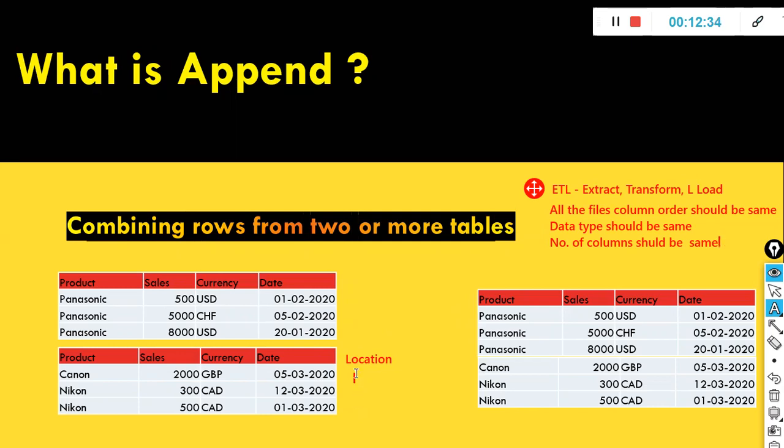Just because only one file has the city name in USA, the rest of the records will have null, null, null unnecessarily. If you have millions of records, you can find millions of null values here. Hence, you make sure that the number of columns should be same in all the data sets and data type also same. All these three rules should be met.